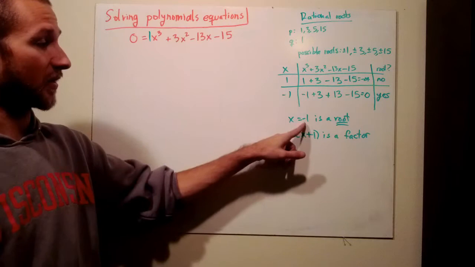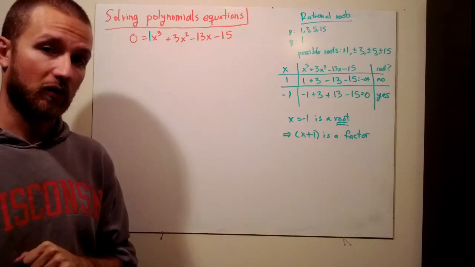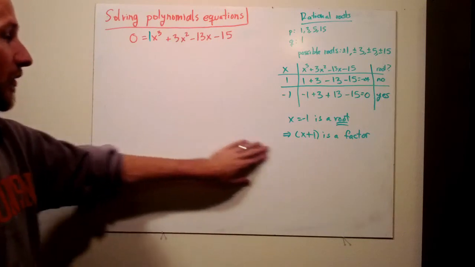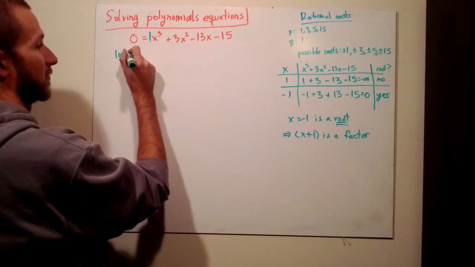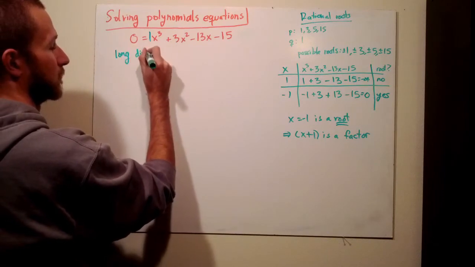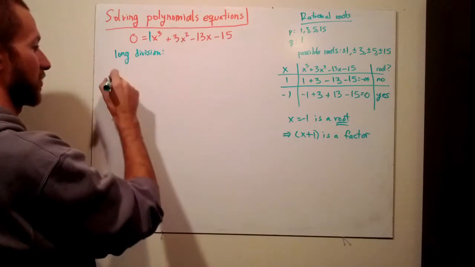Reason why? If you plug in negative 1 for x, negative 1 plus 1 is 0, and that's what we're going for. So now I go up here, I'm going to do long division. I'm going to factor x plus 1 out.